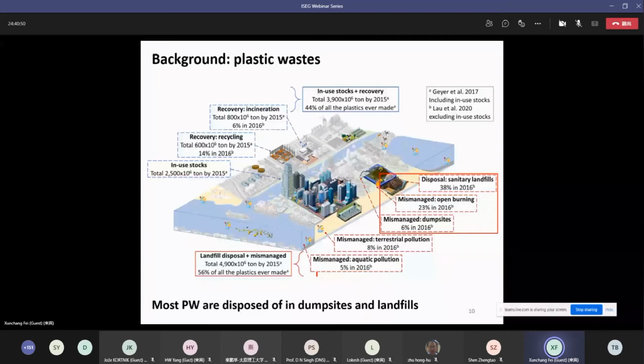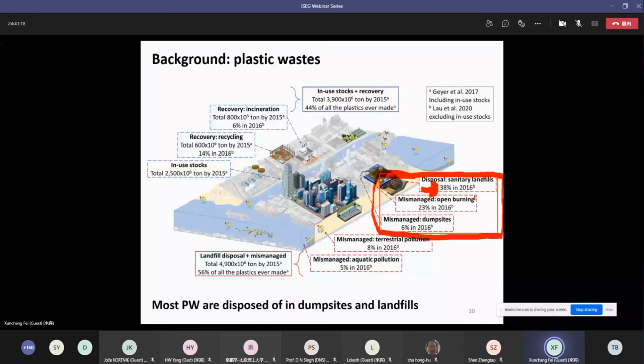This figure basically summarizes what I have said before, but I do want to highlight this box one more time. It shows that, of all the plastics ever made, around 40% become plastic waste and are disposed of in landfills. And around 30% are disposed of in so-called dump sites, including some open burning of plastic waste.